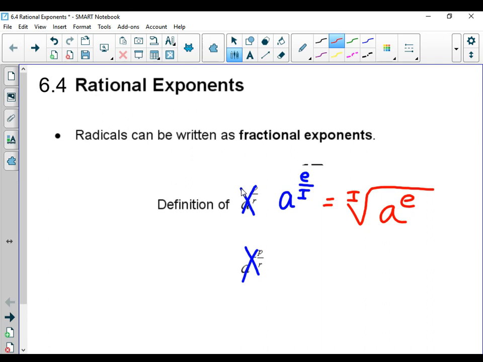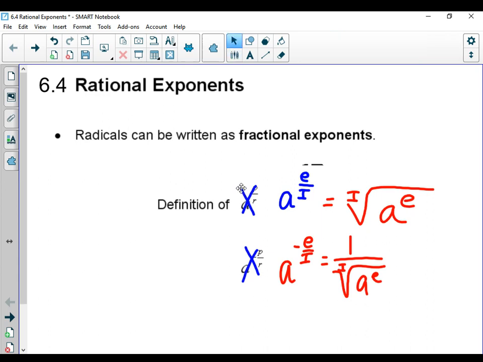Same thing down here. If I have A raised to the negative E over I, I'm going to write that as a fraction because of our exponent properties. And it'll become a positive. And I have it written like that, okay?